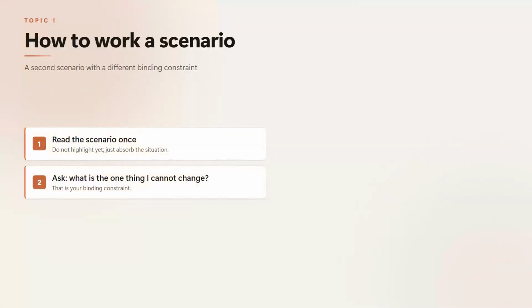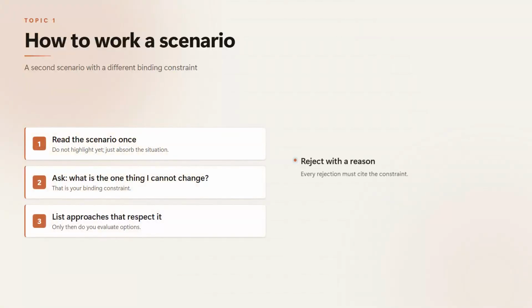Take this scenario from the worksheet. Read it once without highlighting. Then ask, what is the one thing I cannot change? That is your binding constraint. Maybe it is a hard latency limit, a data residency requirement, or a cost ceiling. Now list the approaches that could work within that constraint.